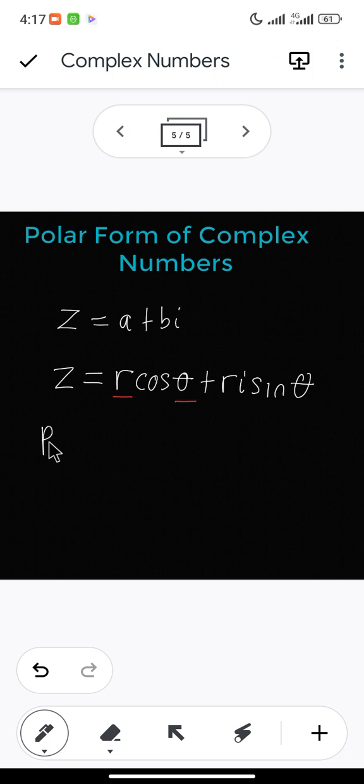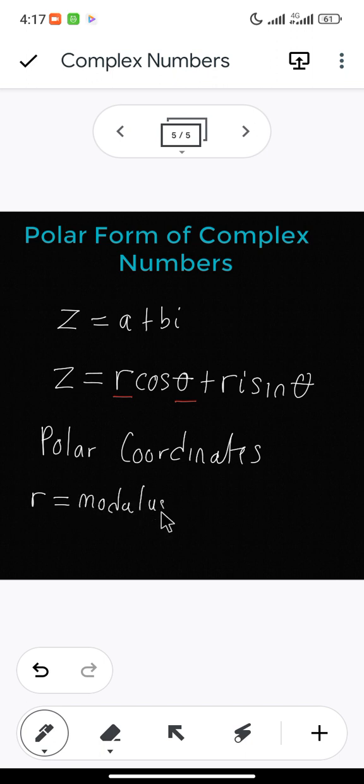So the polar coordinates: r stands for the modulus or absolute value.